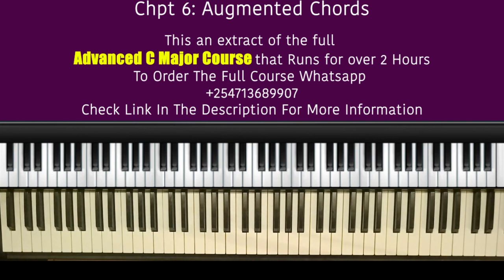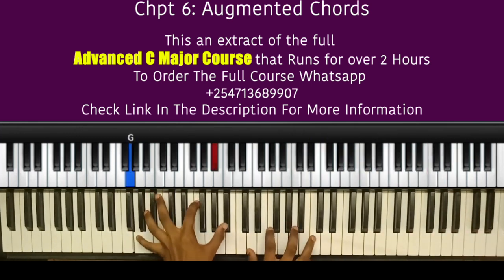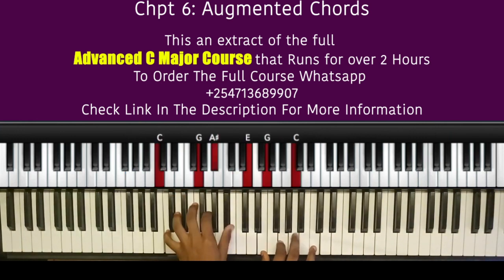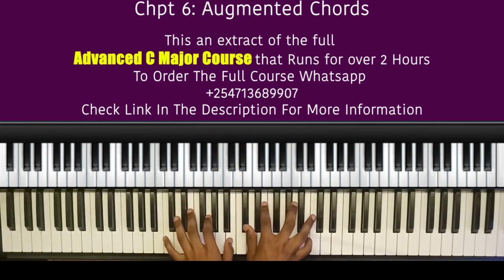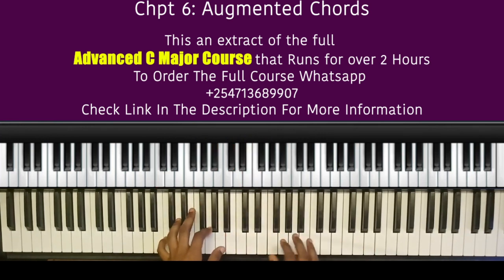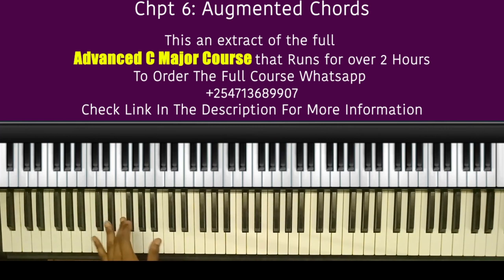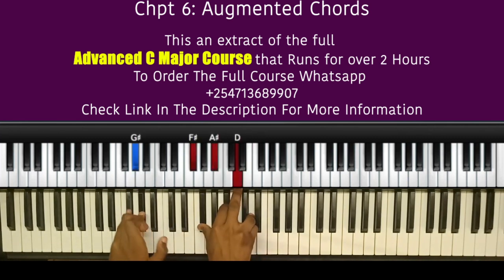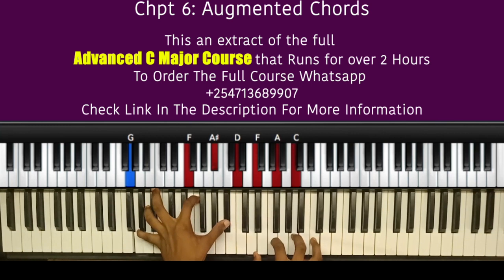And then the other substitution you could use, instead of now after the 5, instead of you playing the 1 chord like this, okay, or you know the tricks, you could use this or that. Instead of you just playing it like that all the time, what you could do, you could substitute that with a flat 5 chord. So basically you have 6, you have your augmented chord there, you have your 5.